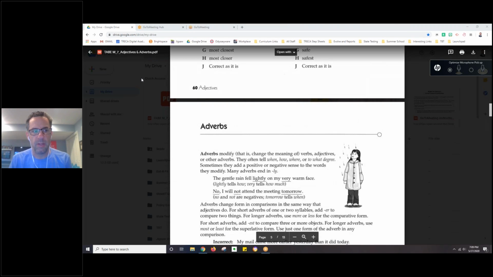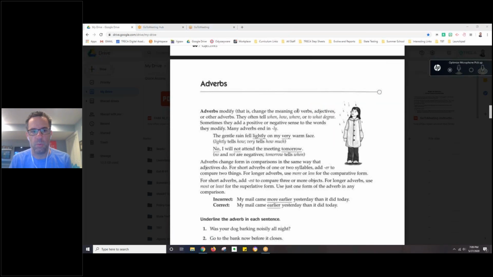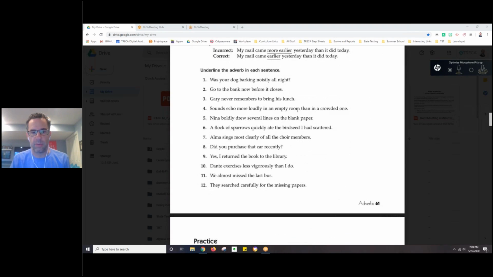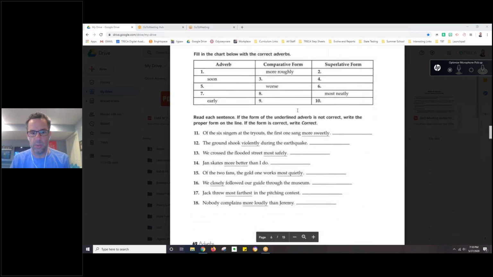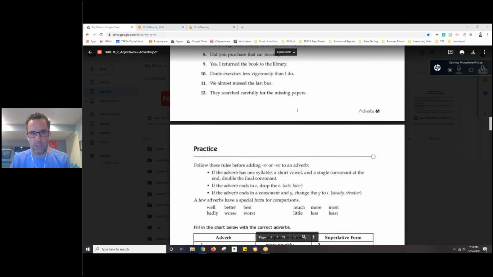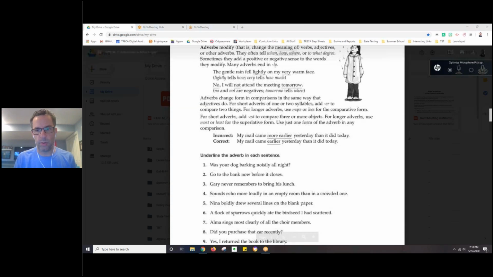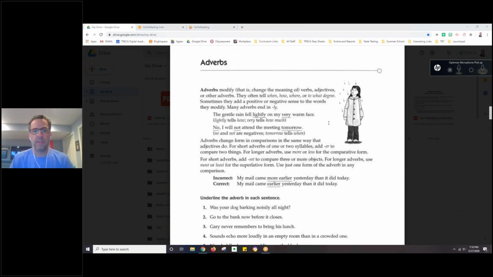This is the TABE M7 adjectives and adverbs. So I'm on page 61 now, going over adverbs. The goal would be to get through pages 61 and 62, and then continue on in later weeks. So again, if you need to pause or rewind, make sure to do that. But we're doing adverbs today.